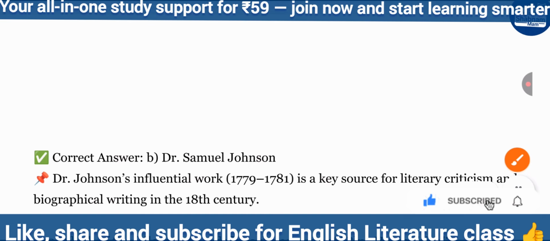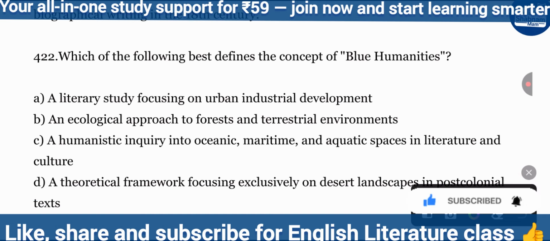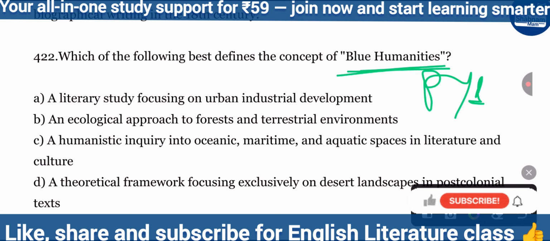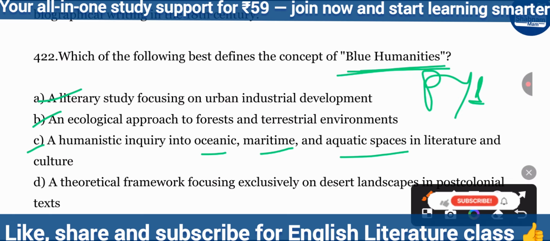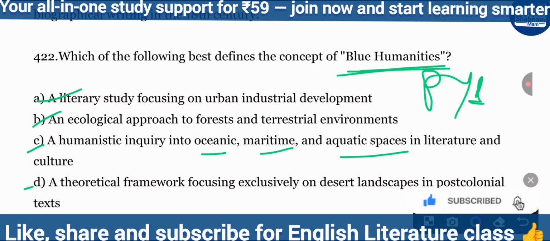Okay. Next one we have, which of the following best defines the concept of blue humanities? PYQ question. Option A, a literary study focusing on urban industrial development; option B, an allegorical and ecological approach to forest and terrestrial environments; option C, a humanistic inquiry into oceanic, maritime, and aquatic space in literature and culture; and option D, a theoretical framework focusing exclusively on desert landscape in post-colonial texts.